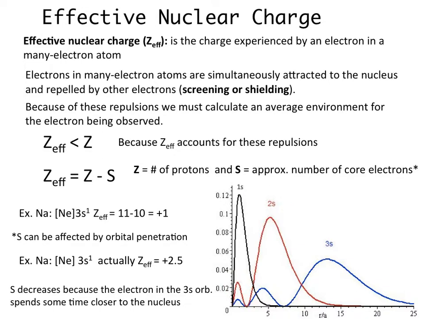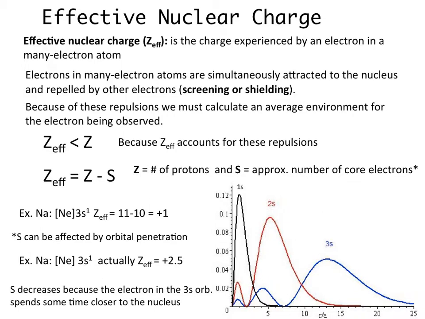However, there's a small probability that they could be closer. Same thing goes for 3s and so on. So the 3s electron that we're looking at here, the one being affected by that nuclear charge, actually has a few chances of residing closer to the nucleus.